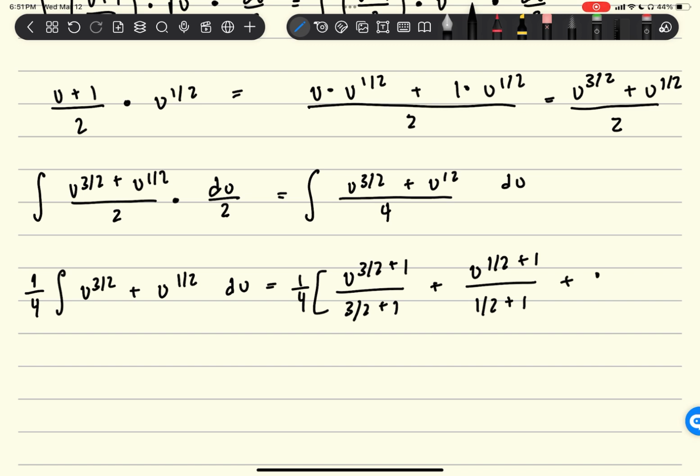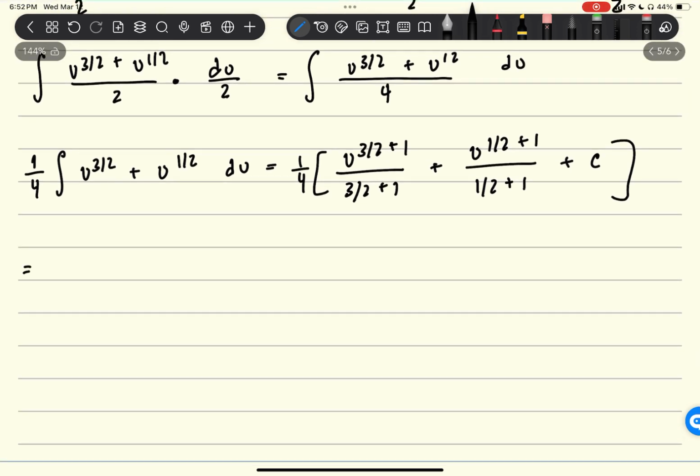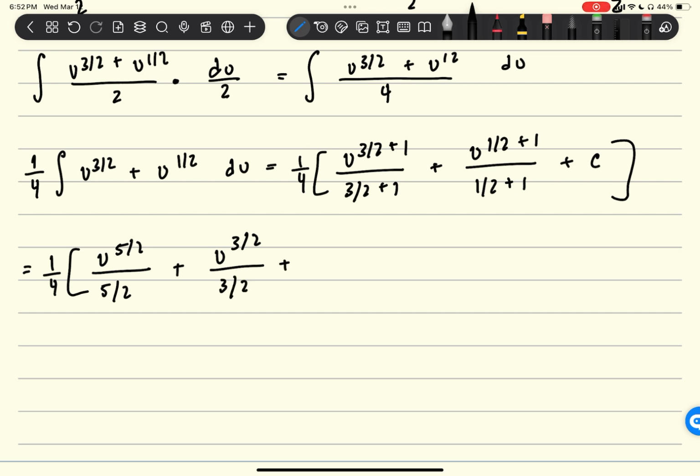And don't forget your plus c constant, since we're dealing with an indefinite integral. So let's simplify this expression. This is going to be equal to 1/4, which is still on the outside. We're going to have u to the 3 halves plus 1, which is 5 halves. And then 1 half plus 1 is going to be 3 halves. And then we still have our plus c.